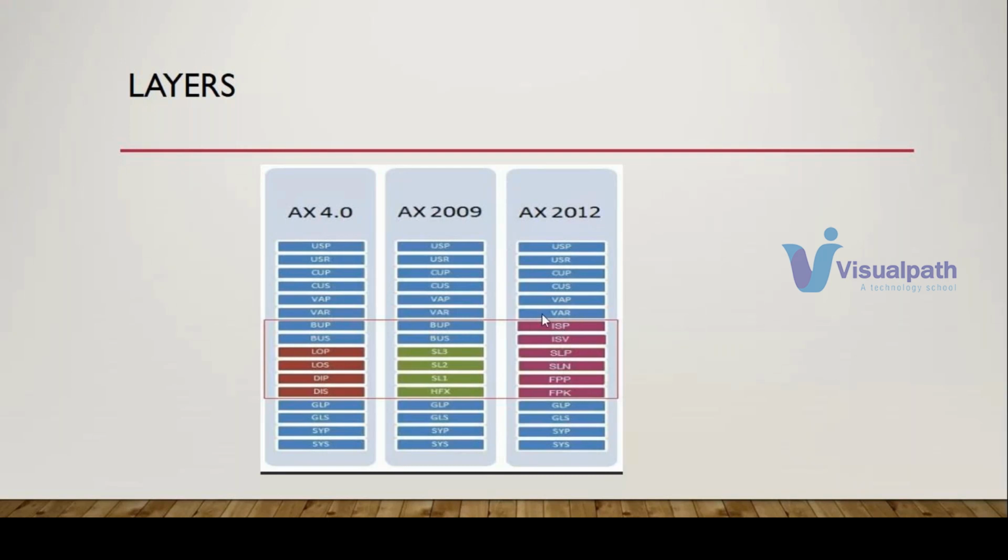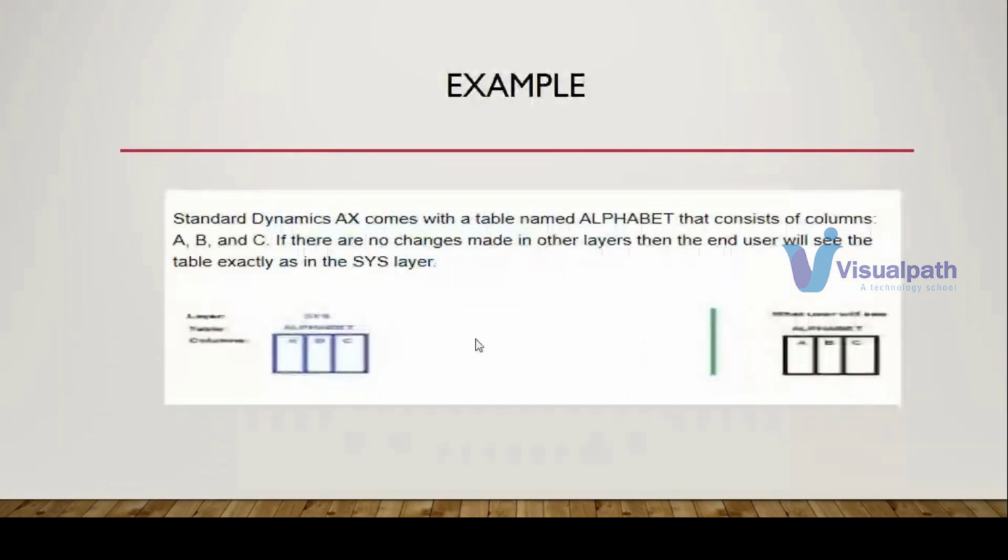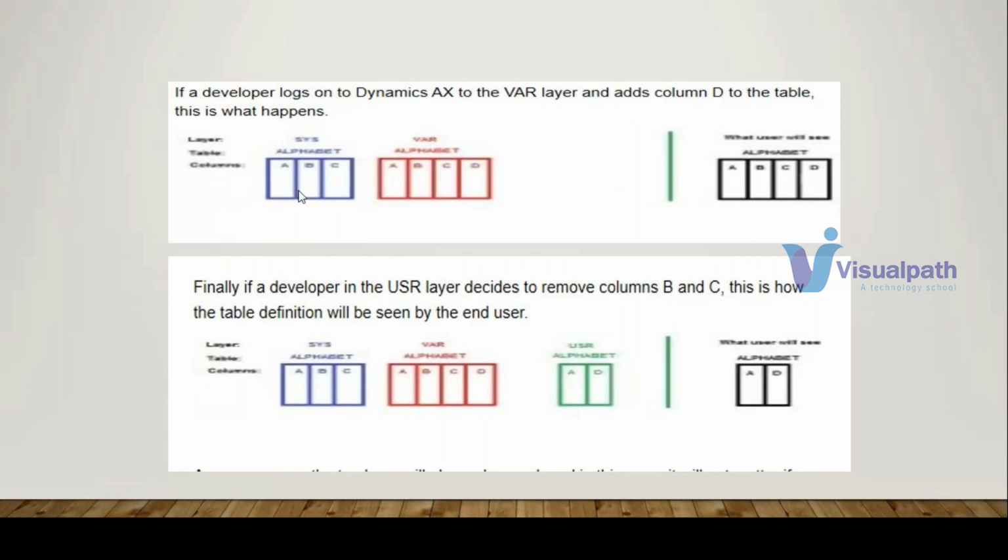So the top layer is able to see all the code from the layers below. Here we can observe that the system layer people implemented ABC, and the top layer people can also see ABC. And the system layer people created ABC, and the var layer people added D. So finally we can see ABCD in the user layer.